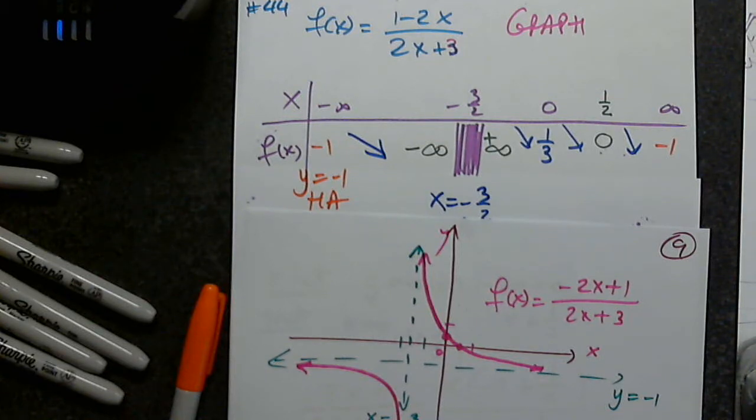Yes, with the graphing calculator, let's see what I mess up now. In y equals, you must put parentheses around the top, and you must put parentheses around the bottom. So keep an eye on what I type in here. Negative 2x plus 1, close the parenthesis, divide by parentheses 2x plus 3.